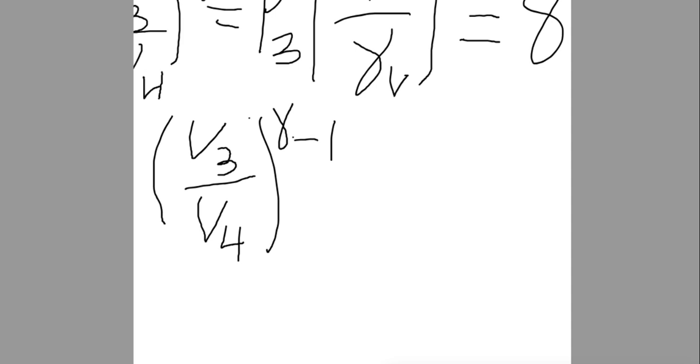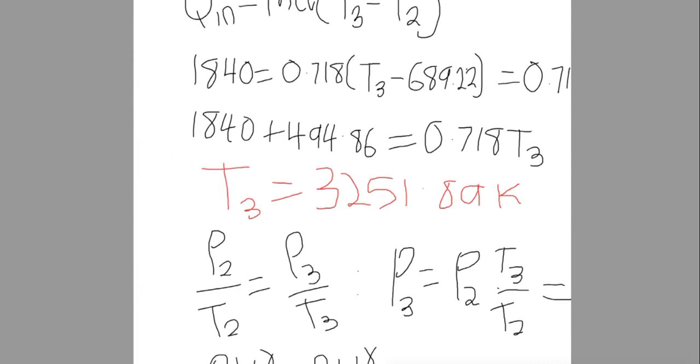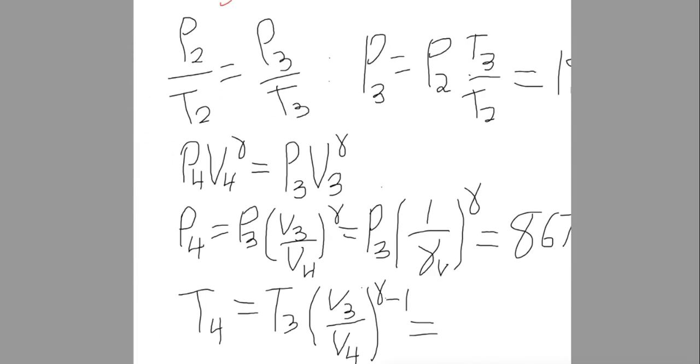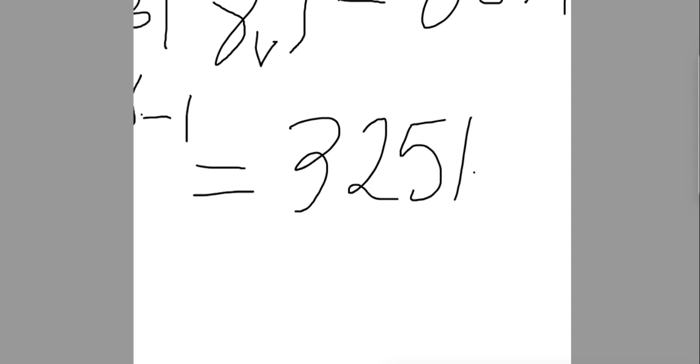So we just input the value for T3. Our T3 is what we got here to be 3251.89 Kelvin. So we write our value here, 3251.89 Kelvin.